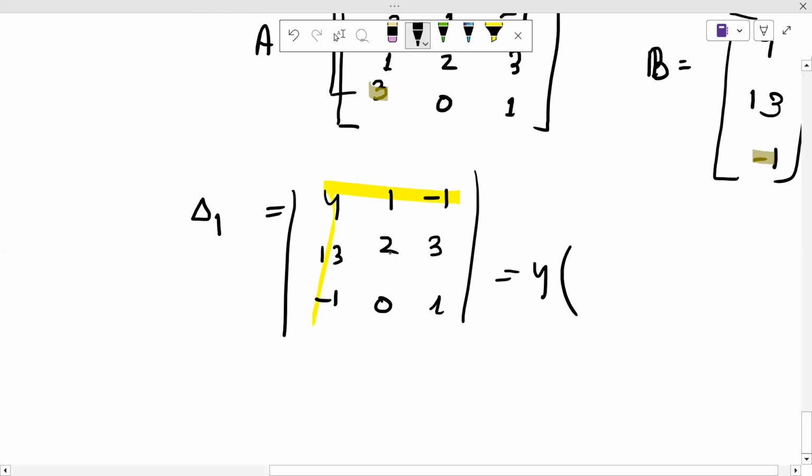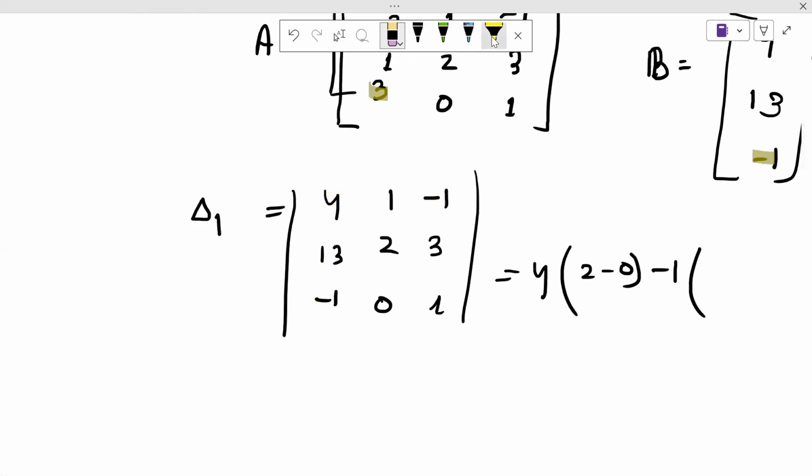What is the determinant of the other values? This into this minus 0, 2 minus 0. Then minus 1 into, what is the next value? Minus 1 into, when we omit this row and this column, the determinant of the other values.